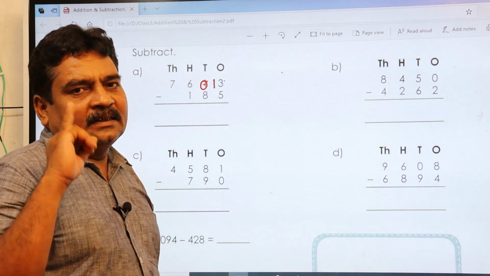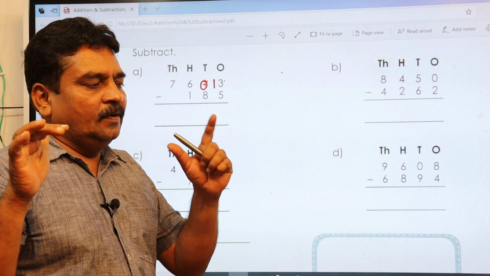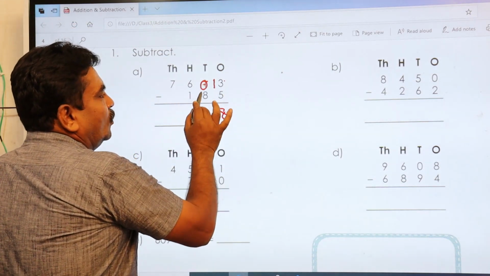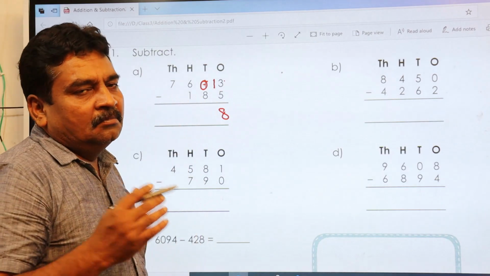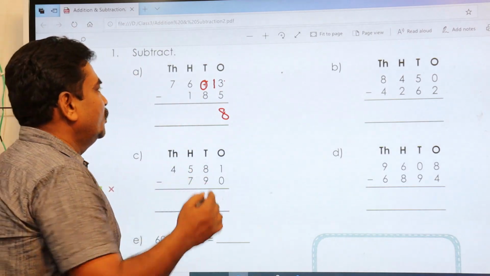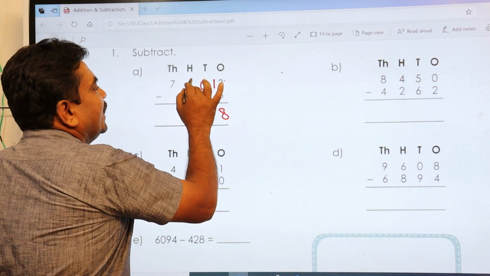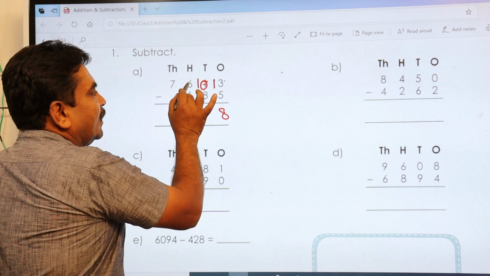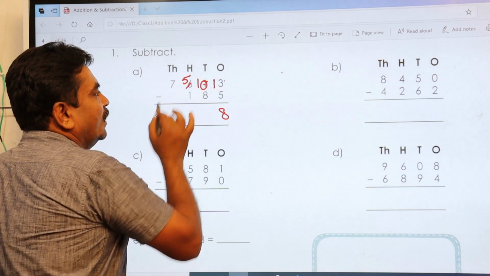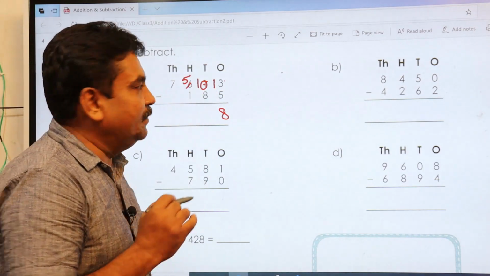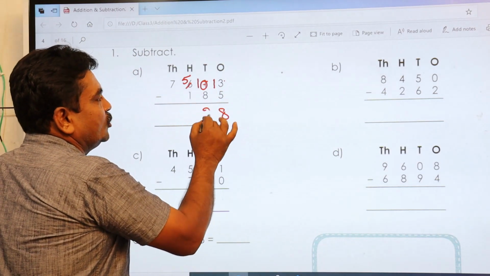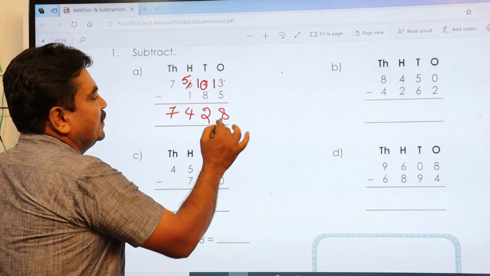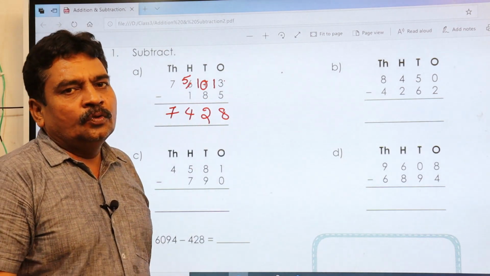So after 5: 6, 7, 8, 9, 10, 11, 12, 13. So this is 8. Then 0 minus 8, it is not possible. So you take carry from this number, it becomes 10. Once you take one from here, it decreases by one, that is it becomes 5. So 10 minus 8 is 2, 5 minus 1 is 4, and this is your 7. So the answer is 7428.